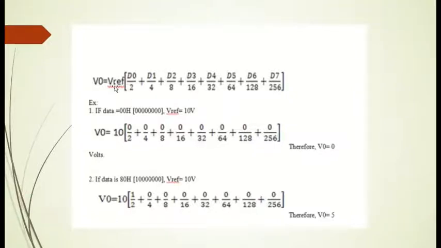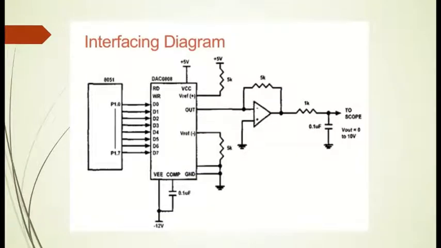V reference will have a standard value like 10 volts, and based on the data available, we have to calculate the voltage. When the data is 00, the voltage calculated will be 0, and when the data is 80, we'll have 10 by 2, which is 5 volts. I'll show you the connection here.